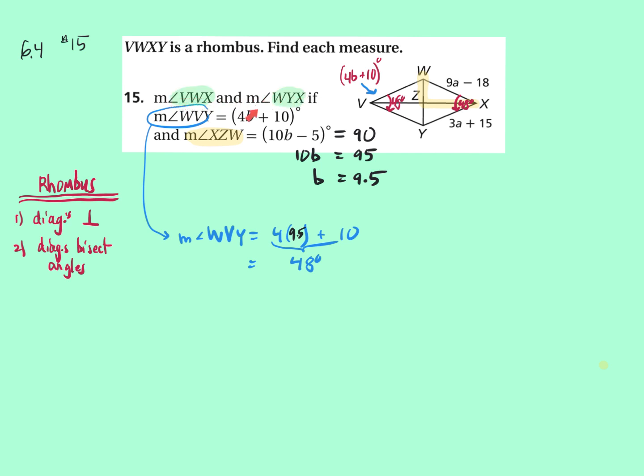Angle VWX is this one, from the V to the W to the X. So that angle is 180 minus 48, which is 132 degrees.